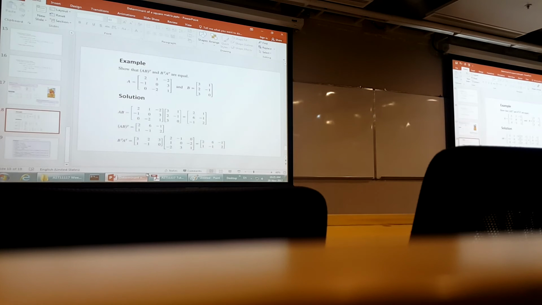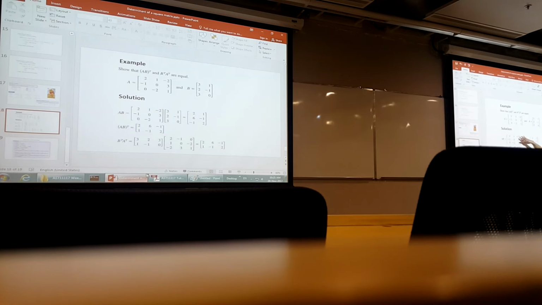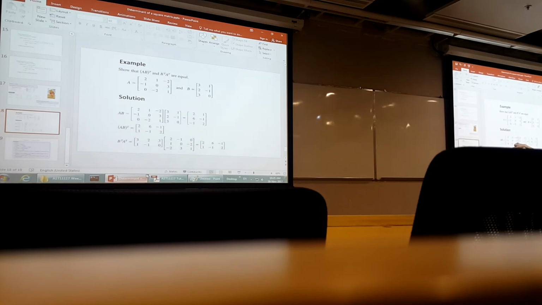Now that is what I want to say about determinant and transpose. Here is just an example showing you the transpose of a product of two matrices. You are given two matrices A and B, you multiply them in this manner, A times B, the result is this one. If you take the transpose, this becomes the first row, this becomes the second row.